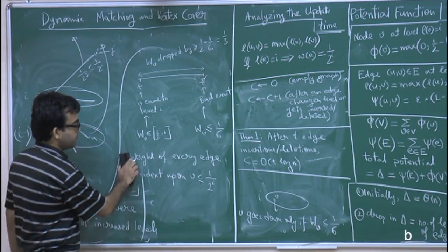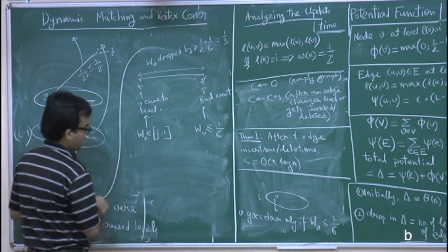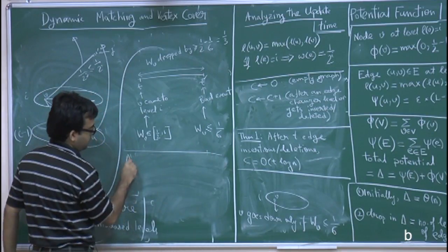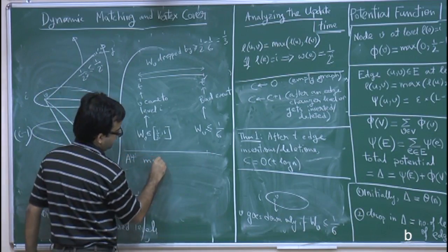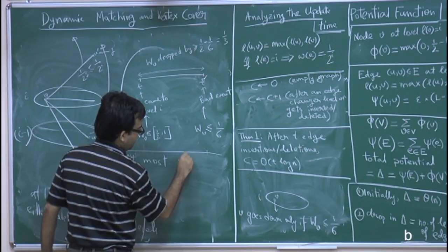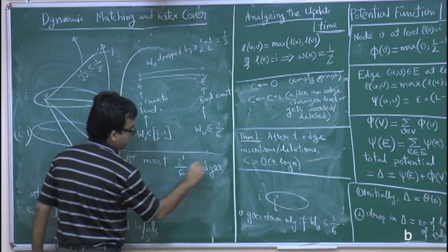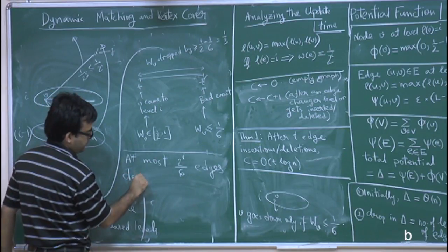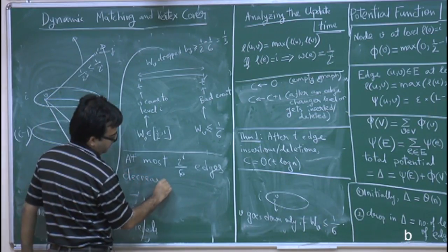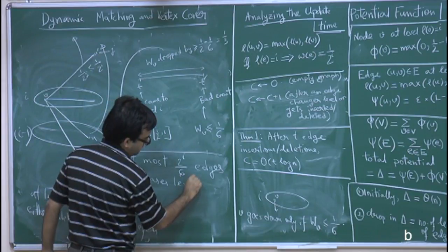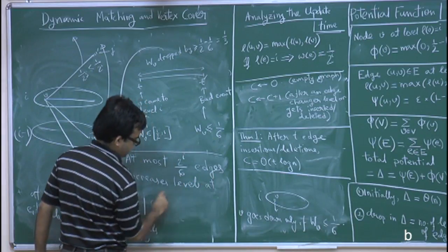So, there can be at most 2 to the power of I by 6 many edges that decrease their levels at the bad event.